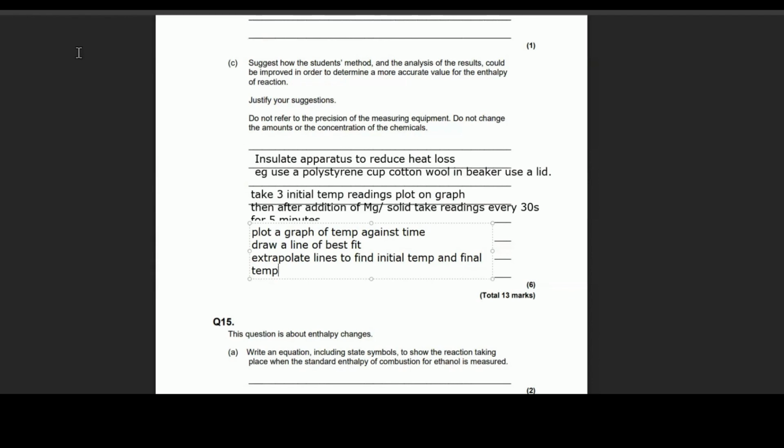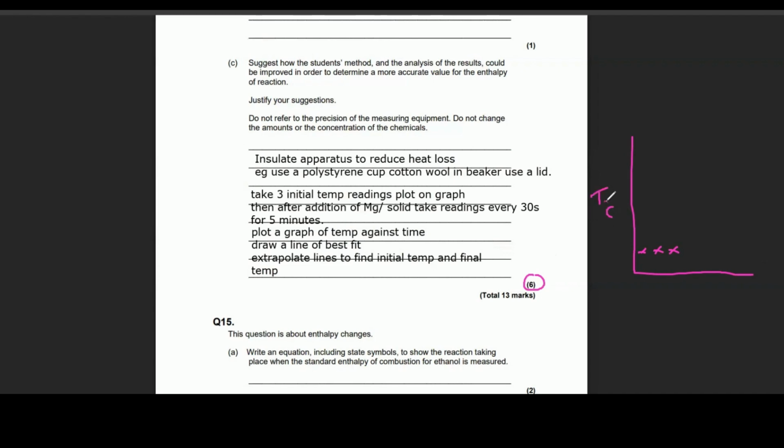That's going to look something like this, just in case you're wondering. So if we had a temperature increase, we take those first 3, and by the way, don't be afraid to sketch on your 6 marker. The examiner may award you points for a little sketch. So here I've got temperature. Obviously, you need to be a bit more accurate than me and label things properly. There's temperature, there's time. I'm taking readings, every 30 seconds or whatever. So I've got some initial readings.